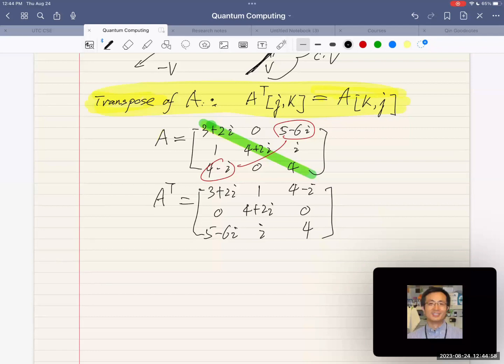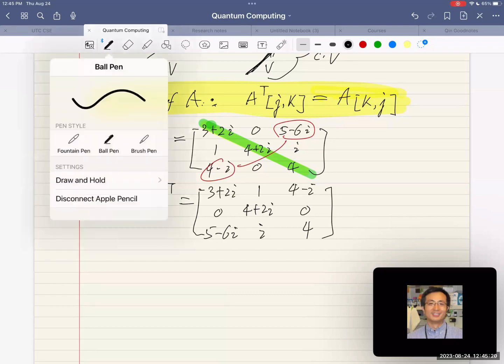So this is the transpose, but there is actually another very important operation. It's called conjugate. This doesn't occur in real vector linear algebra, but in complex vectors, this really matters. So this is called transpose, and then there's another definition called conjugate.